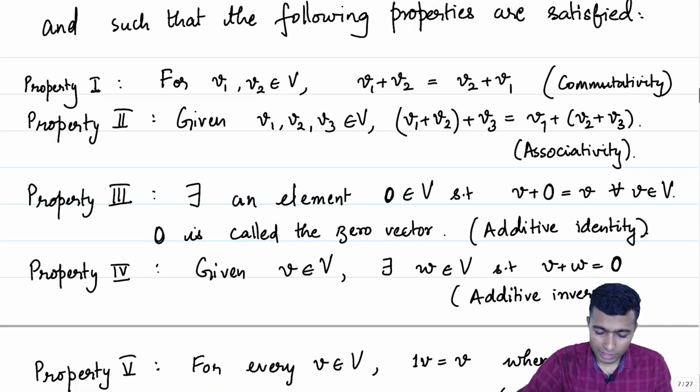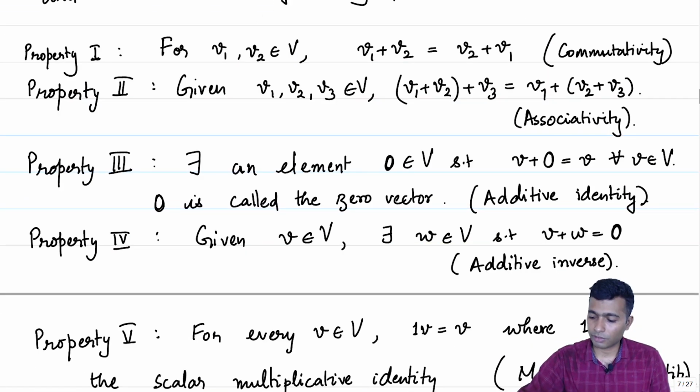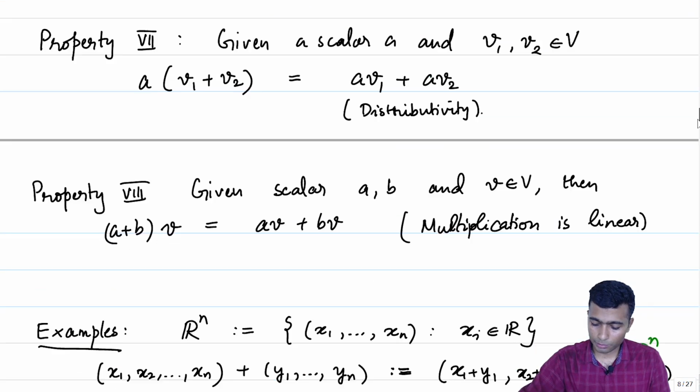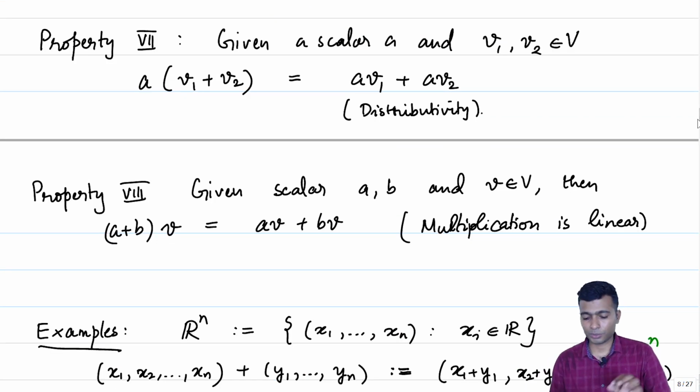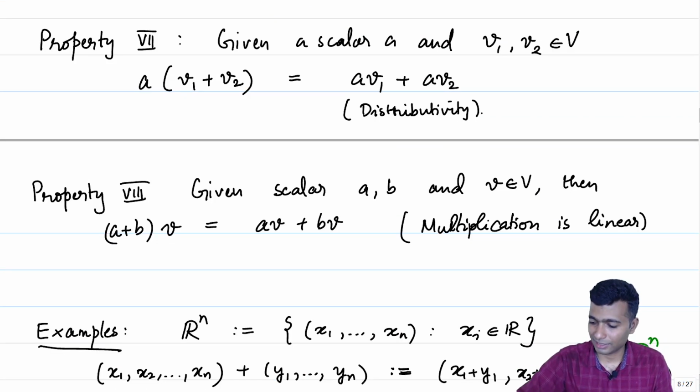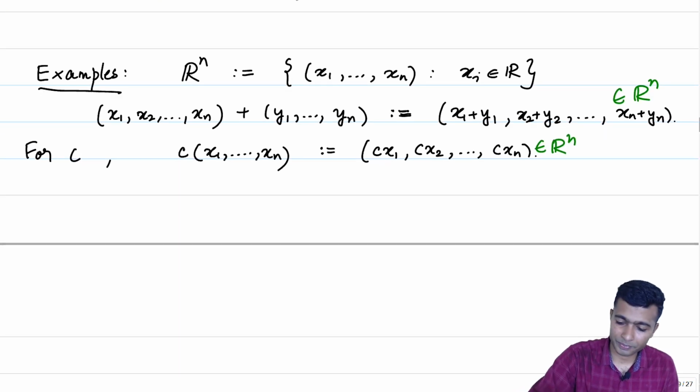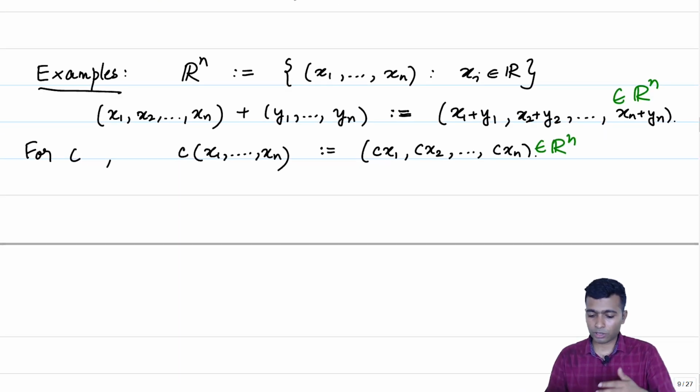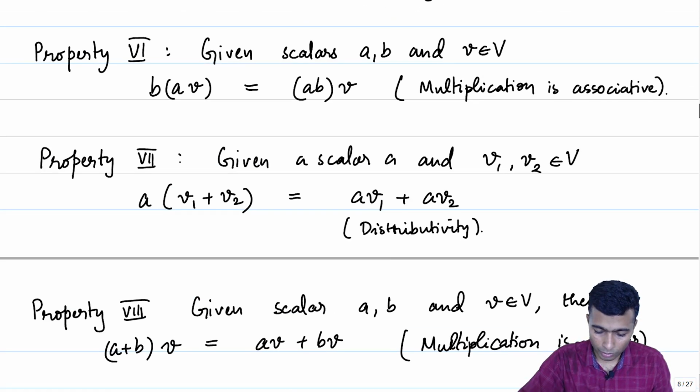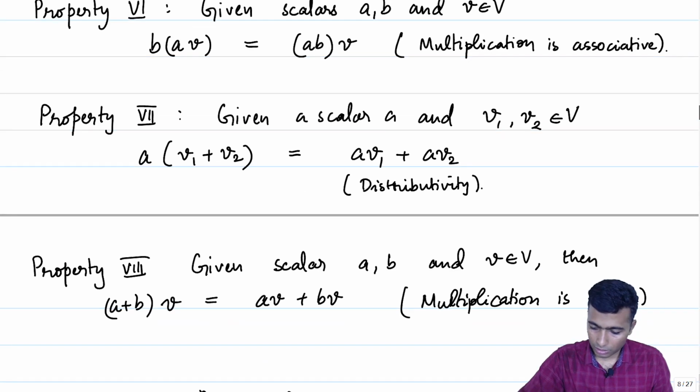We are however left with the properties 1 to 8 that are to be checked to say that Rn is indeed a vector space. So, let me not go over all the properties, let me just focus on maybe one or two properties. Maybe let us check property 8.